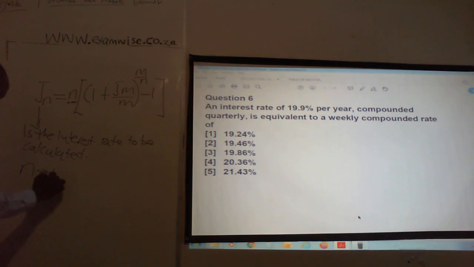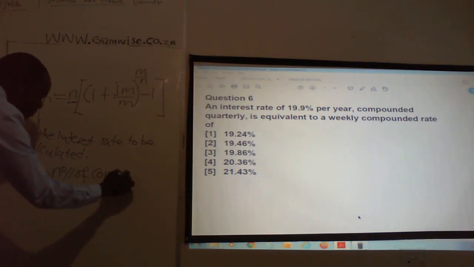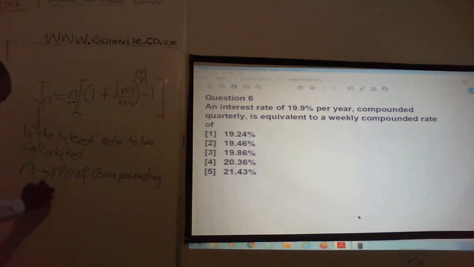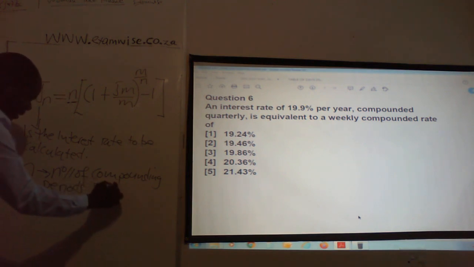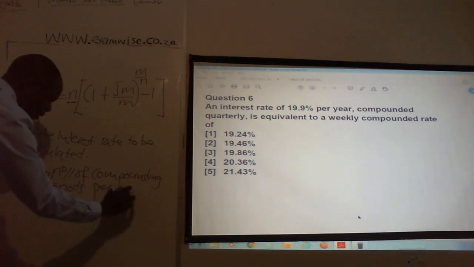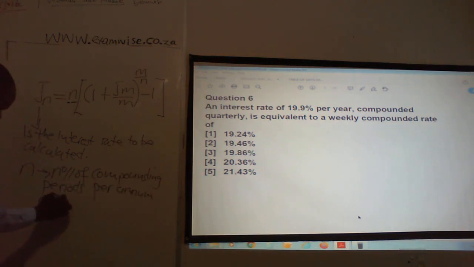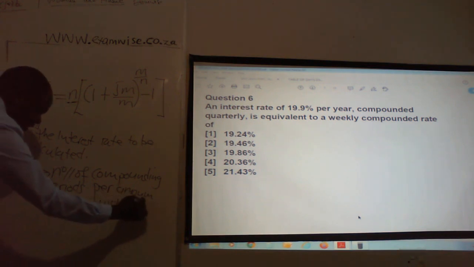So our n here is the number of compounding periods per annum associated with Jn.